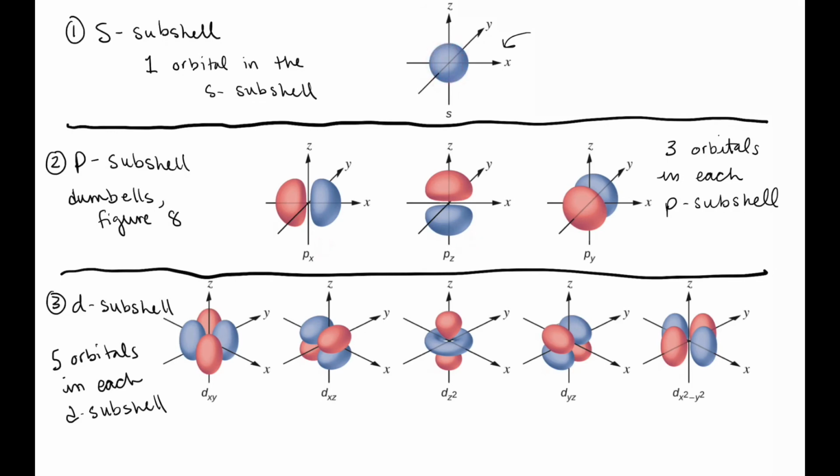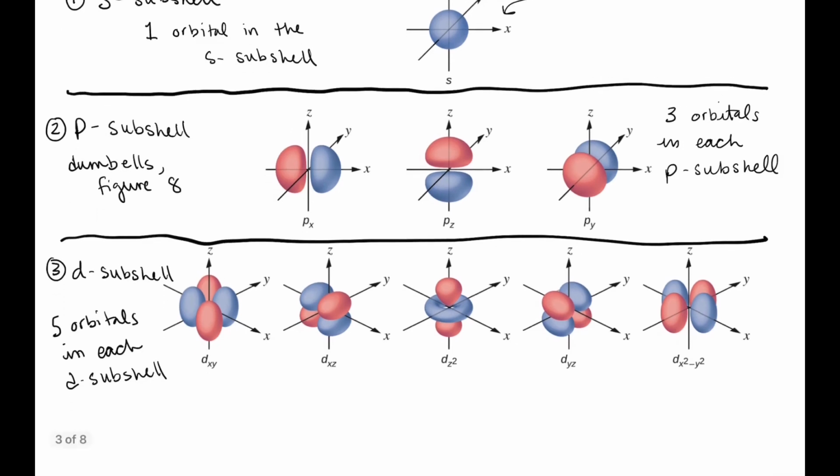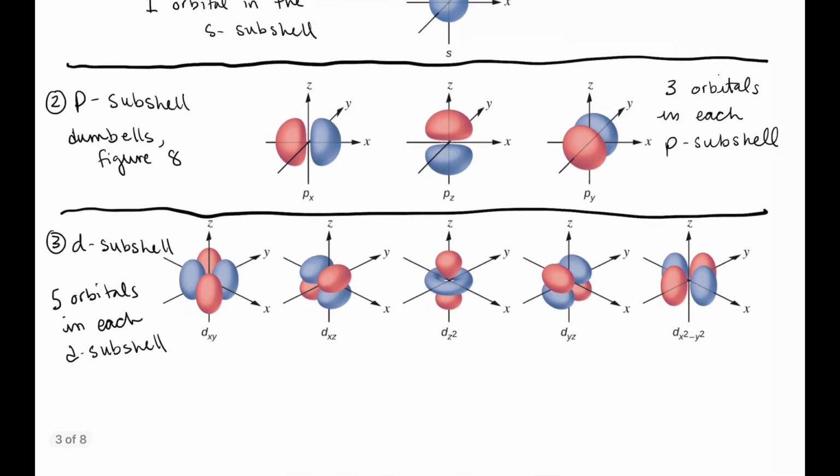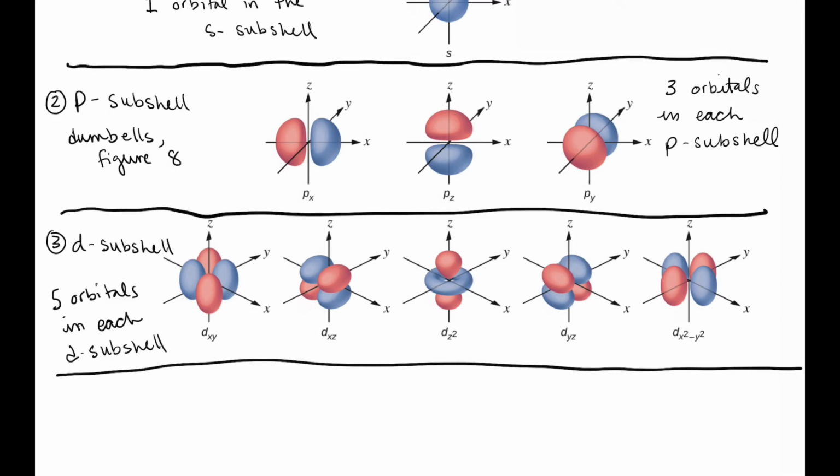Okay, 1 orbital in the S subshell, 3 orbitals in the P subshell, 5 orbitals in the D subshell, and then I told you there were 4 subshell types. The 4th one I don't have a photo of here because it gets even weirder. The fourth type, I'm just going to give you the info. You can Google it if you want.